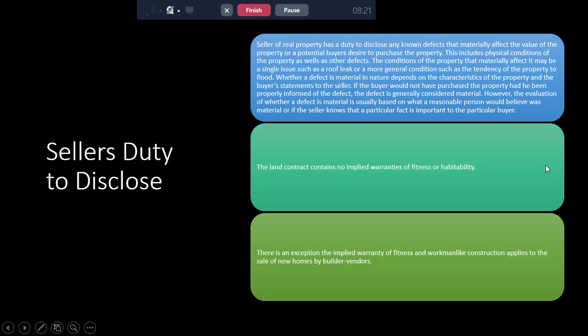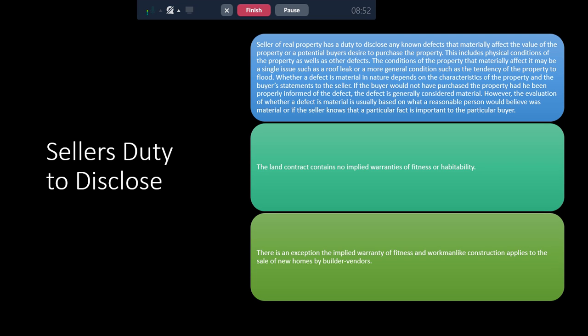Next, this is the seller's duty to disclose. The seller of real property has a duty to disclose any known defects that materially affect the value of the property. And this goes back to what I mentioned earlier about if that property floods, you have to mention to the buyer that during the rainy season, this property will flood.